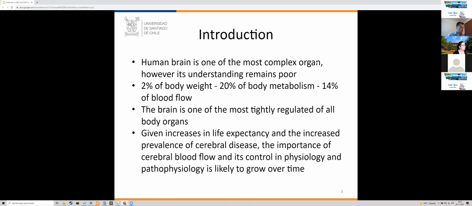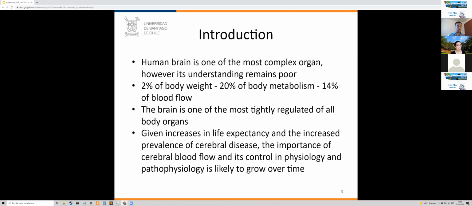Okay, so the human brain is one of the most complex organs in existence. Despite considerable advances, however, understanding of its structure and function remains poor. It occupies only 2% of body weight, but it accounts for 20% of body metabolism and 14% of blood flow.